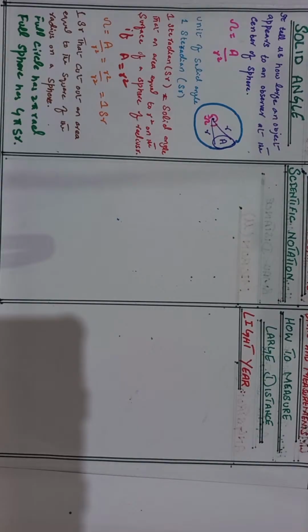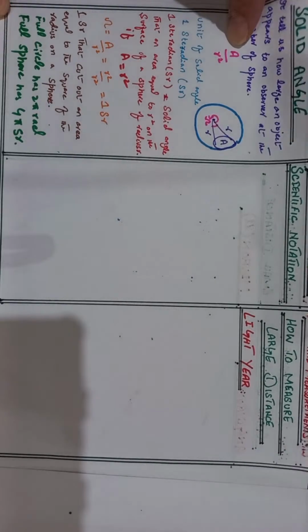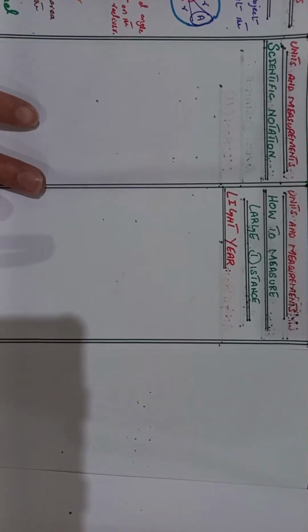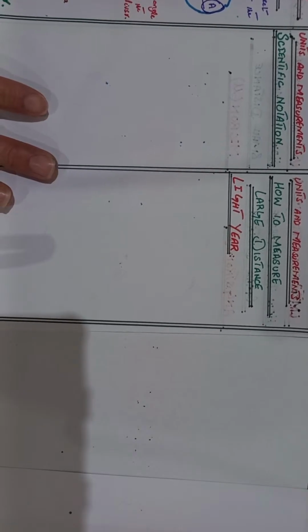Now we talk about the scientific notation. What is the scientific notation? Powers of 10 exponent are used to specify very large amounts.